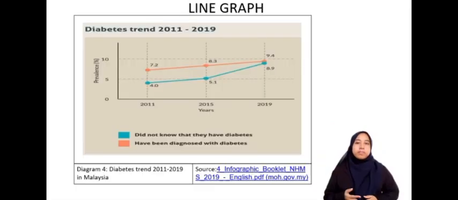I will explain about the diabetes trend from 2011 to 2019 in Malaysia based on this line graph. The data source is taken from the National Health and Morbidity Survey 2019.